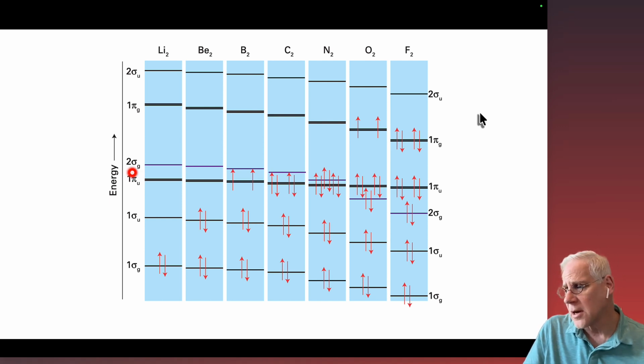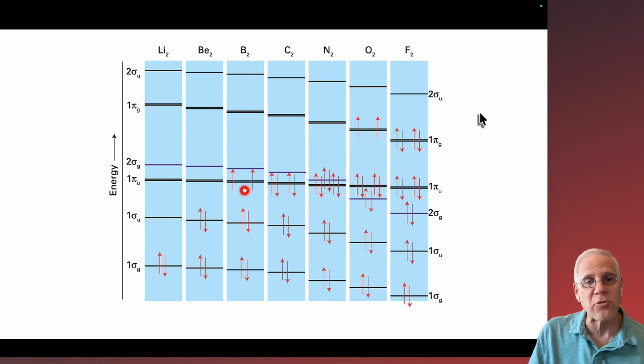But look what happens here. Remember our 2 sigma G orbital here, that is the interaction between the two p orbitals, so that's our sigma p interaction there. And we see that it's above that first pi bonding interaction. So as soon as we start getting into p orbitals right here, one of the bigger impacts that we have, and the reason there's 2 lines is because there's 2 p orbitals there, so they're degenerate. What we really have here for boron is two electrons that are each going into 1 molecular orbital.